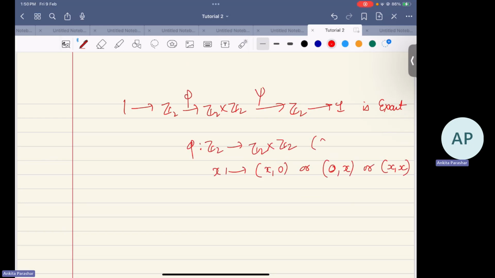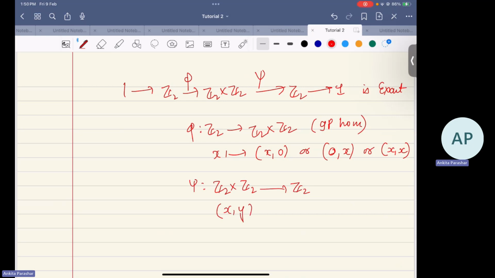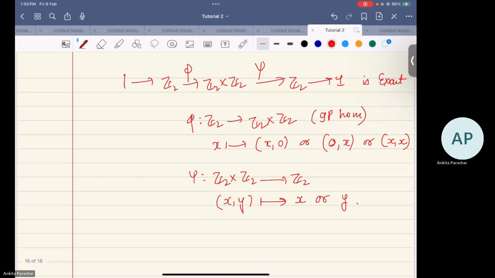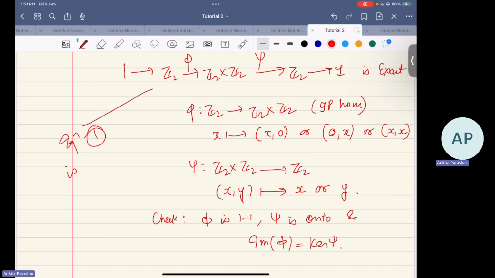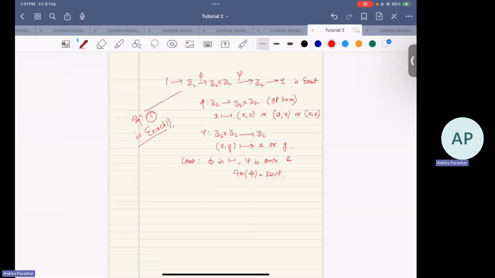You can check whether this is a group homomorphism. And you define psi from Z2 cross Z2 to Z2, where (x, y) maps either to x or to y. These are easy checks: phi is one-to-one, psi is onto, and image of phi is the same as kernel of psi. And therefore this sequence is exact. This is the definition of exactness, right? All right, so I think this part is also clear about this question.